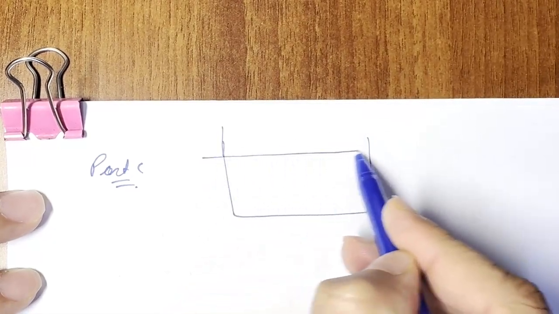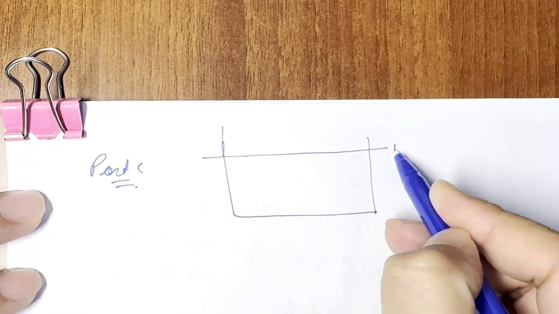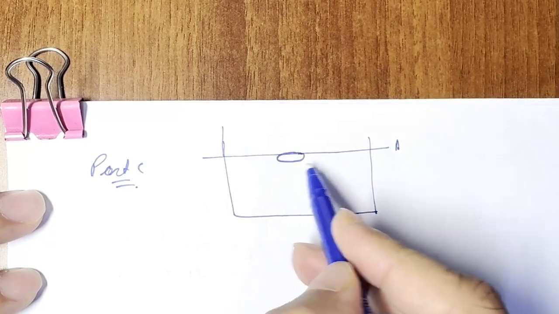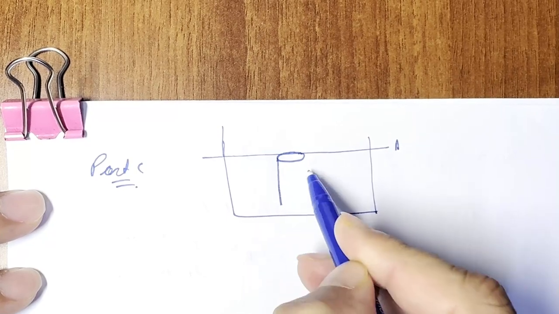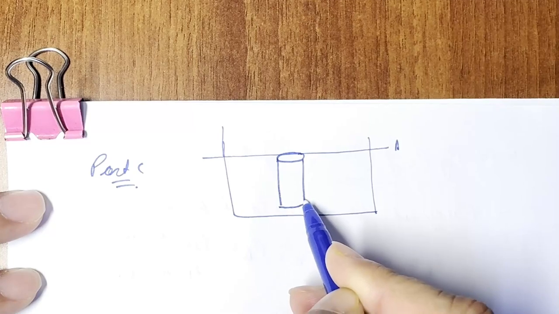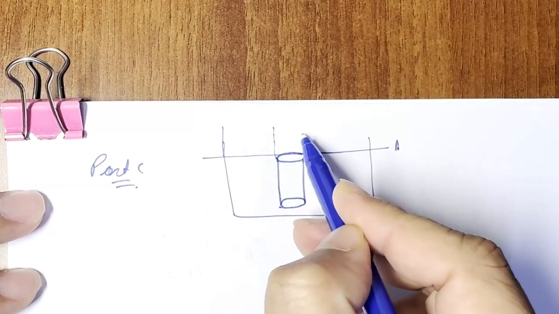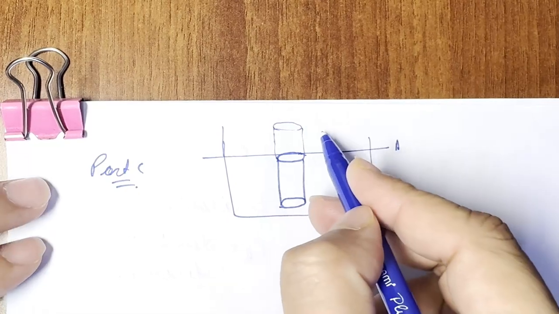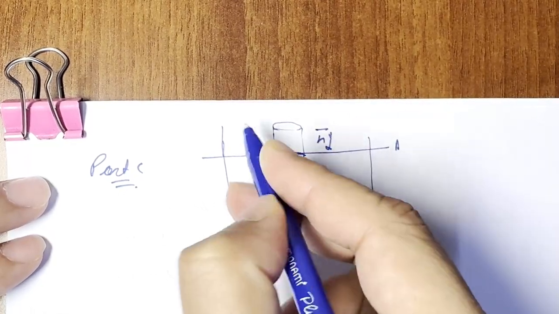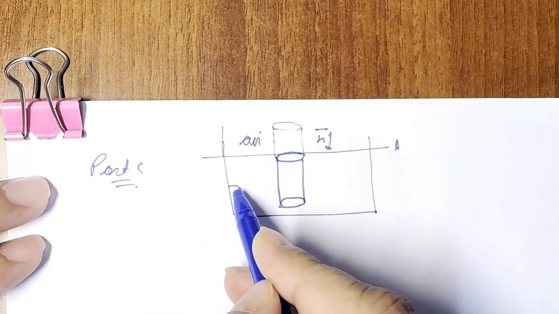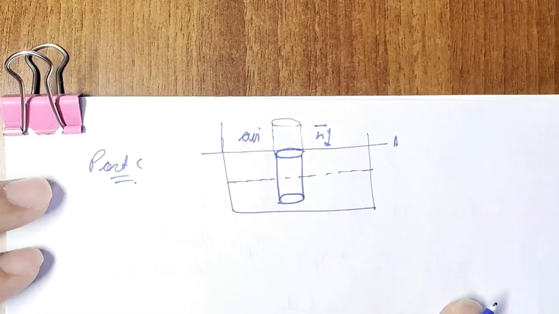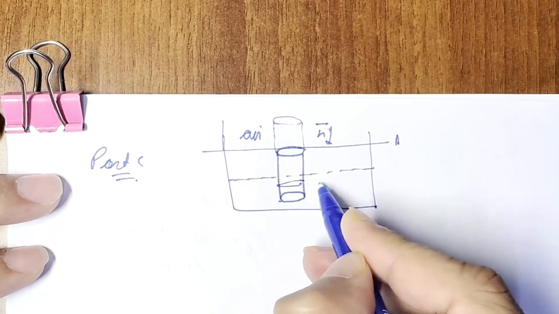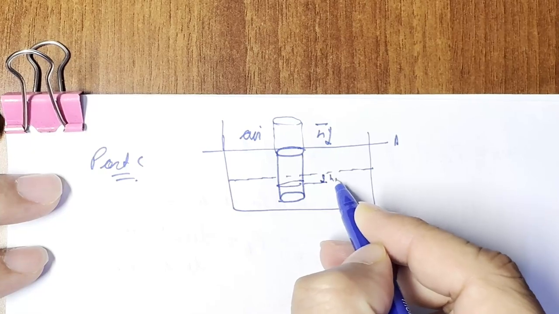If this is our surface of liquid A, then the cylinder is depressed such that the top part is just touching the surface A. Initially, this was the position of the top part, having height h in contact with the air, and this was our liquid A and this is our liquid B. Initially only this part was for HB.